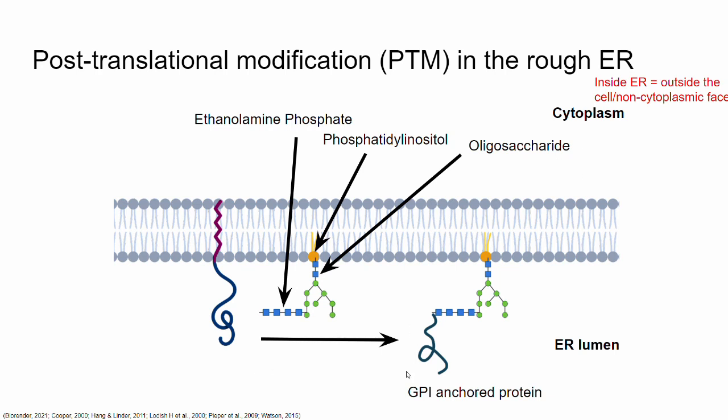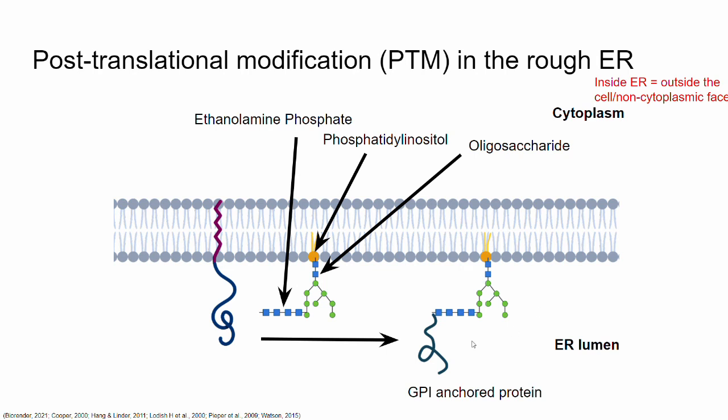All together are referred to as GPI, or glycosyl phosphatidyl inositol. Now, this GPI is attached to the protein after translation, and this makes sure that the protein is attached firmly to the membrane of the endoplasmic reticulum.